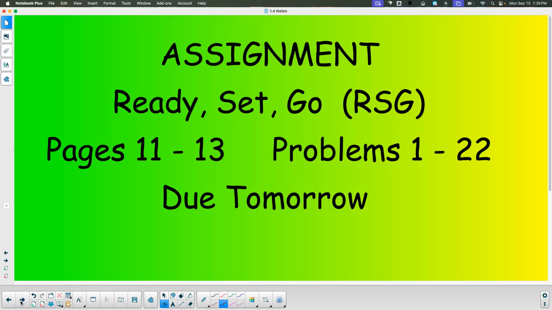So with that being said, you now have the opportunity to get some homework done on pages 11 through 13 of your yellow packet. There's some toilet paper over here too.